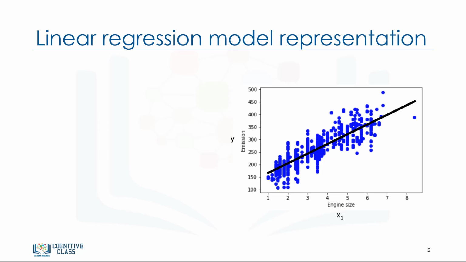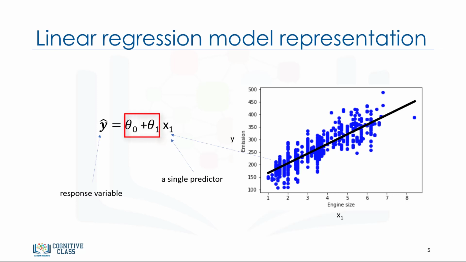Now, let's talk about what the fitting line actually is. We're going to predict the target value y, in our case using the independent variable engine size, represented by x1. The fit line is shown traditionally as a polynomial. In a simple regression problem, a single x, the form of the model would be y hat = theta 0 + theta 1 x1. In this equation, y hat is the dependent variable or the predicted value, and x1 is the independent variable.